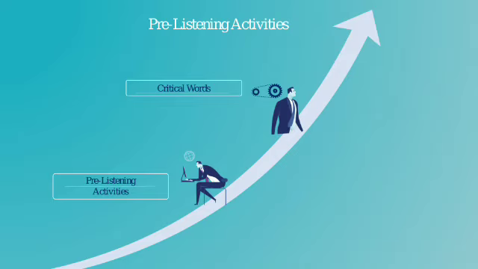But above all, a pre-listening session should not be longer than it should. So actually pre-listening activities don't have to take a lot of time. They only take a little time. Maybe for example the teacher has 1 hour. For the pre-listening activities the teacher should take only 5 to 10 minutes.